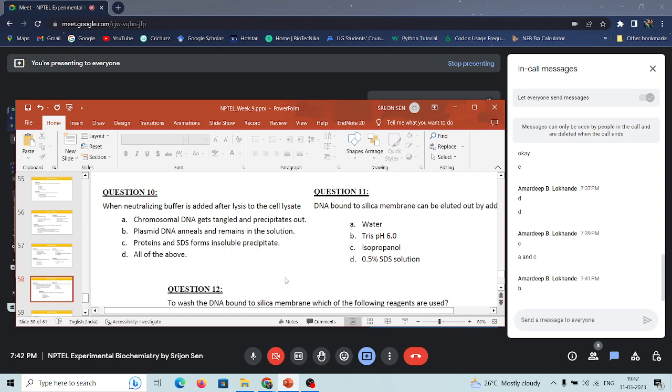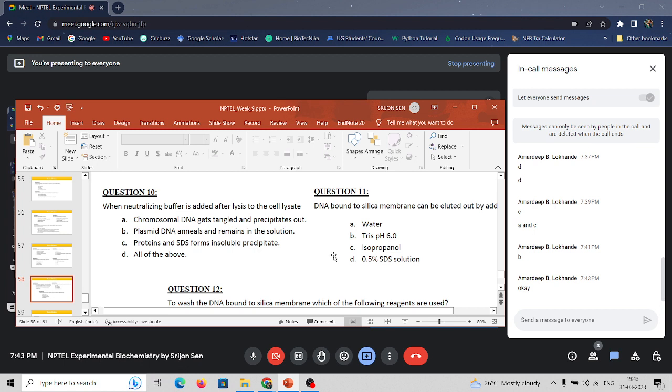No answer. Okay, so when the neutralizing buffer is added after lysis to your cell lysate, your chromosomal DNA gets tangled and precipitates out. Also, your plasmid DNA anneals and remains in the solution, and the proteins and SDS form an insoluble precipitate. So all of these are correct.